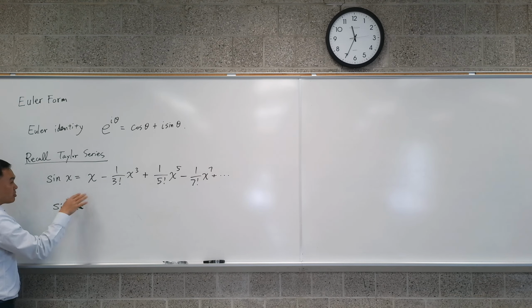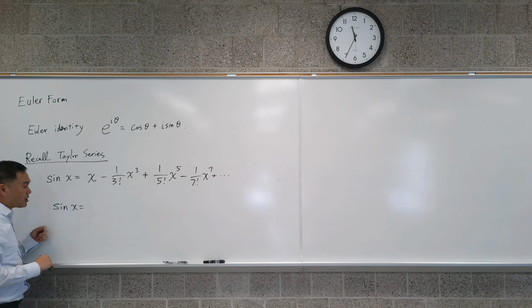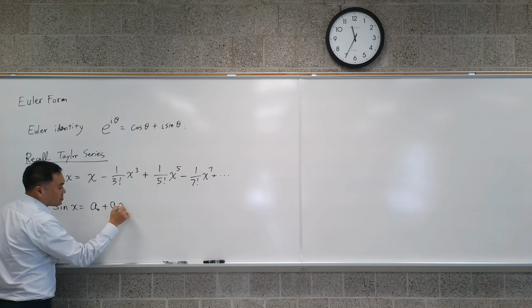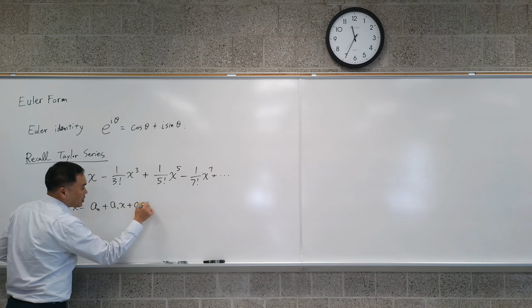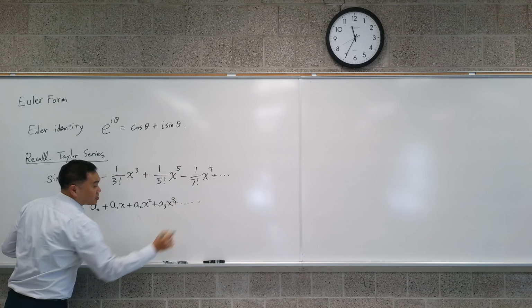Taylor series or Maclaurin series, they're basically saying that these functions that we know of, sine x, cosine x, e to the x, are polynomials, but not really. They're like infinite polynomials, so you rewrite them as a0 plus a1x plus a2x squared plus a3x cubed and so on.